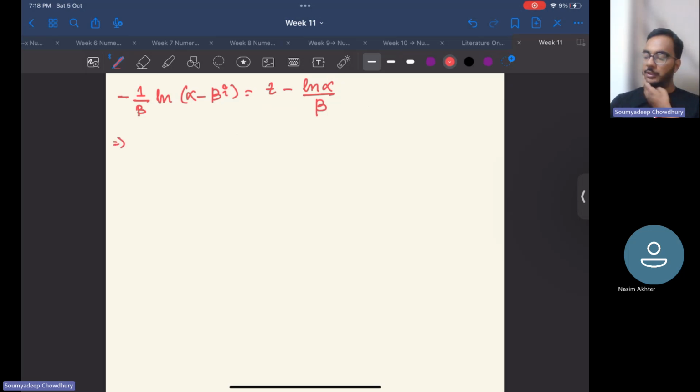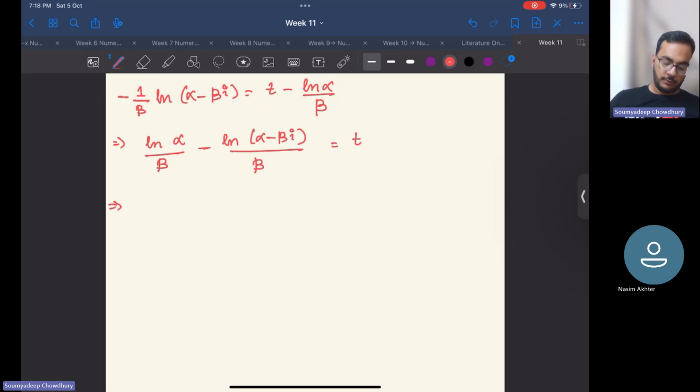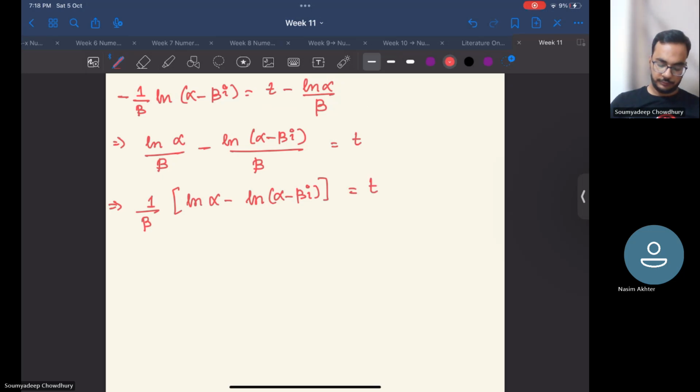So now we need to find it in terms of I, right? So we need to make I equal to something. We can write ln alpha by beta minus ln alpha minus beta I by beta equals, if we take 1 by beta common, ln a minus ln b is ln a by b, right?